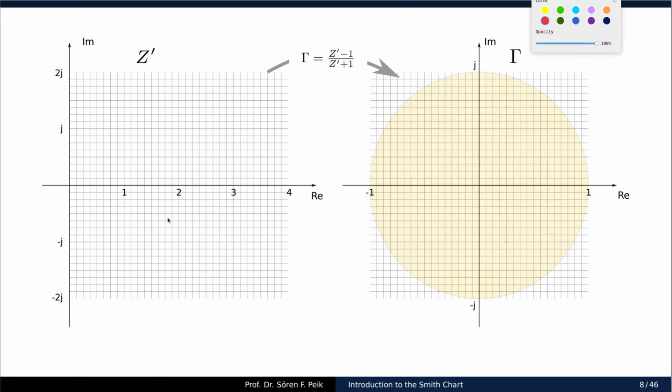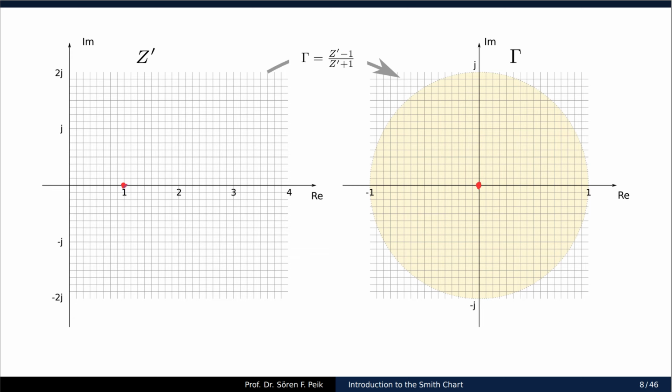Let's start with red. For example, I can mark the point 1 here. The point 1 for z prime, when I plug in 1 minus 1 over 1 plus 1, becomes 0. So this point here maps to this point here.